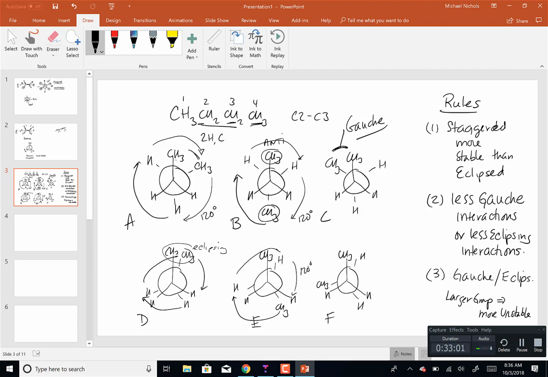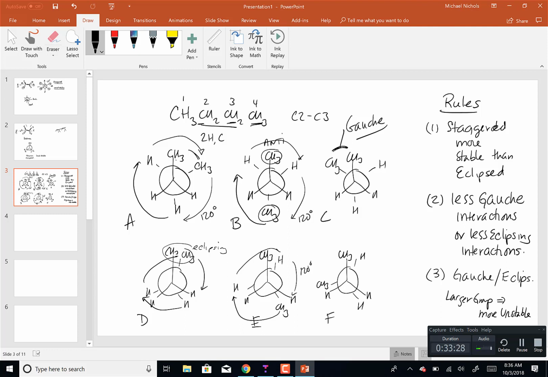And what that means is that if you had a methyl and an ethyl group gauche, that would be bad, but it's not as bad as two ethyl groups. So methyl and ethyl is bad, but ethyl and ethyl is even worse. So the bigger the groups that are involved in the interactions, the more unstable the molecule.